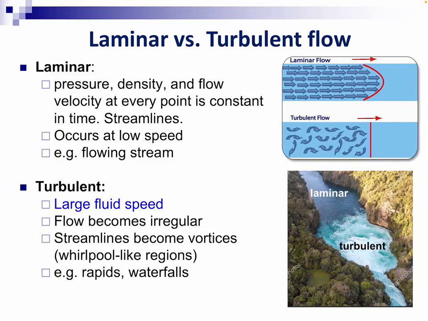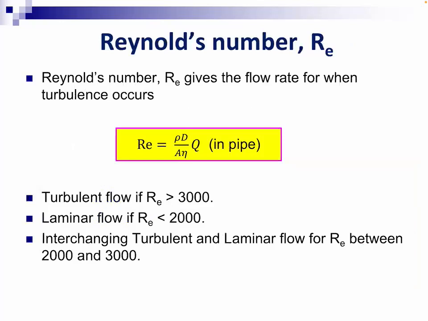How can we determine whether the fluid is flowing with a laminar flow or a turbulent flow? That is determined by this quantity called the Reynolds number. Reynolds number, RE, tells us when turbulence occurs. To determine whether it's turbulent or not, just solve for RE.